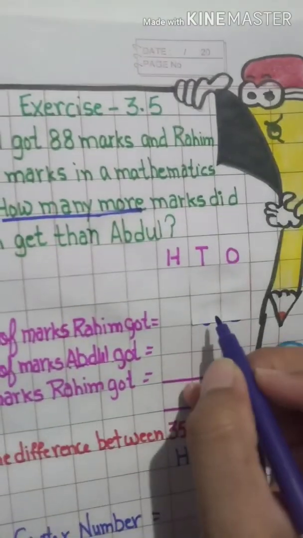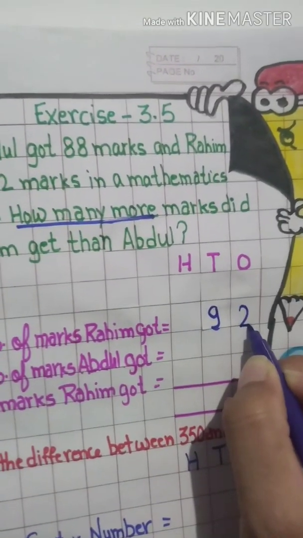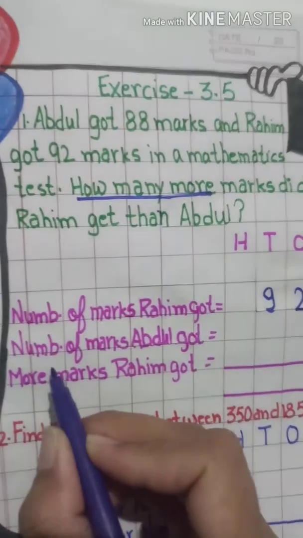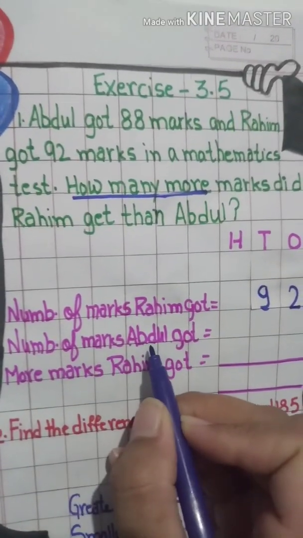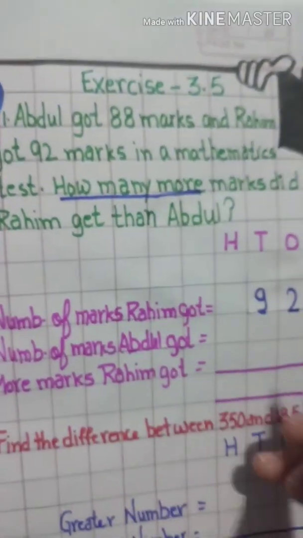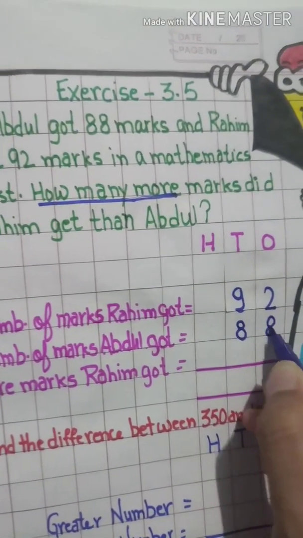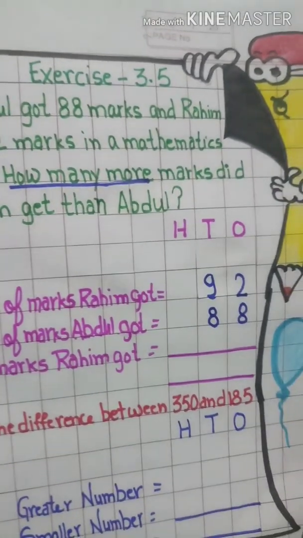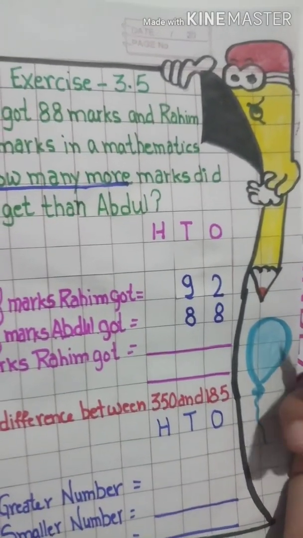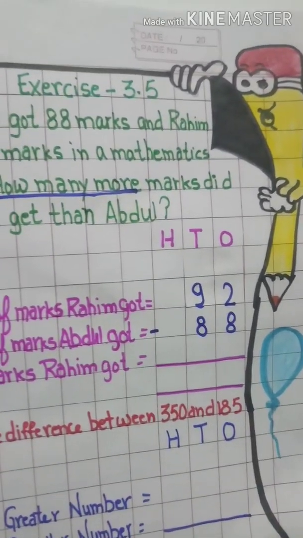So here we will write 92. After that, the number of marks Abdul got. Abdul got 88 marks. Here we will write 88. Now what do we have to do? We have to subtract. So here we will put the symbol of subtraction.